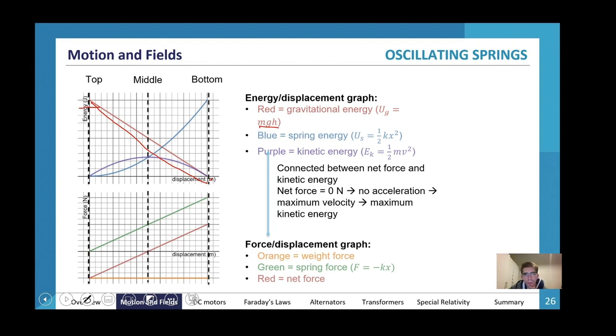Then in blue, we notice the spring potential energy, which increases exponentially. The reason for that is because the spring potential energy is exponential.